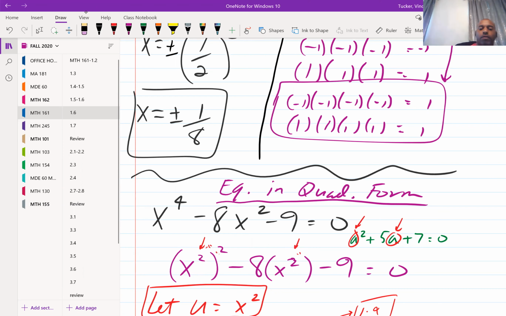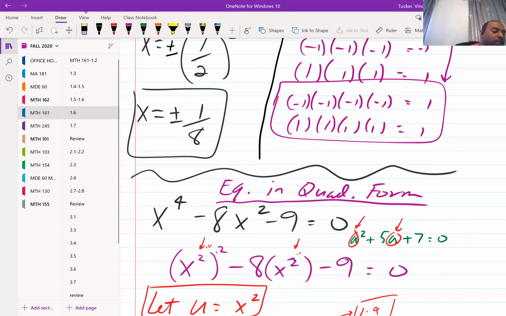So whenever you have that type of scenario, it fits your quadratic equation or quadratic form, where you have this term right here, and then that same term squared as your leading term.